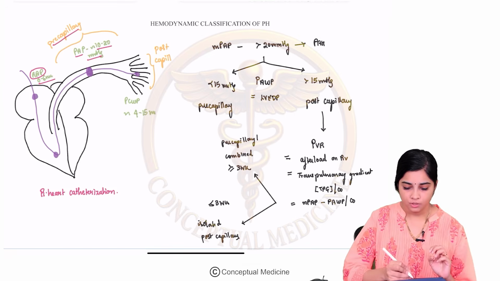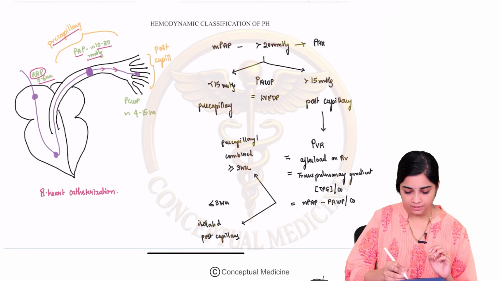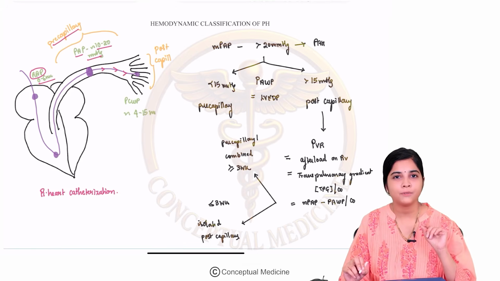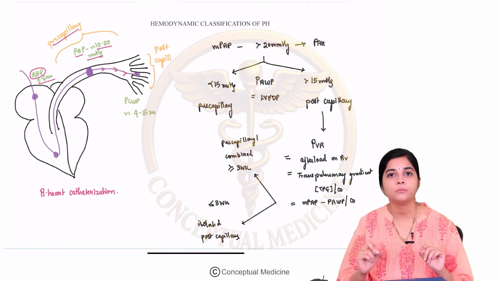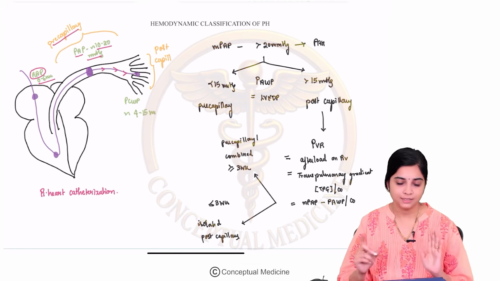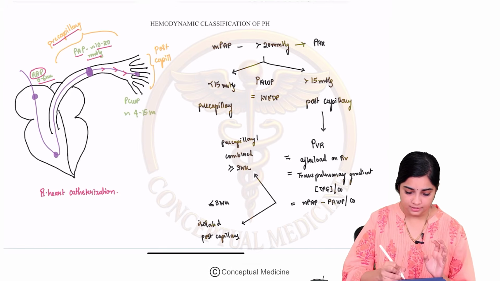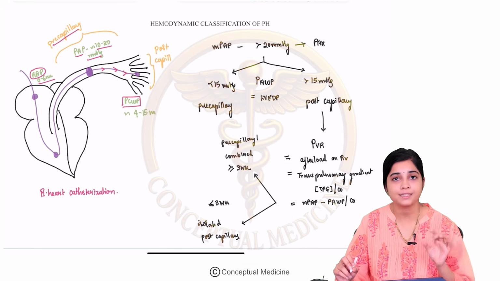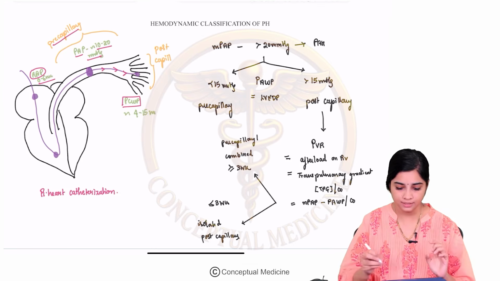Now once you move ahead in the pulmonary artery and reach the capillary, we go up to a point where the catheter cannot move any further, and this is what we call the pulmonary capillary wedge pressure. That is, the catheter is wedged within the capillary.